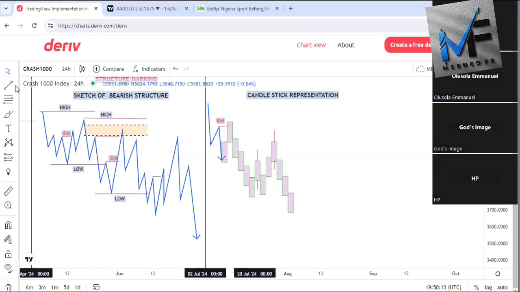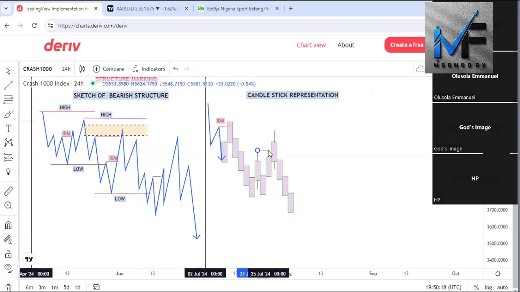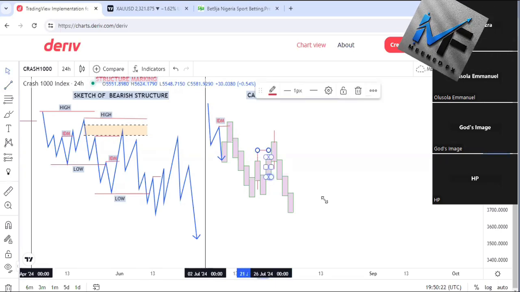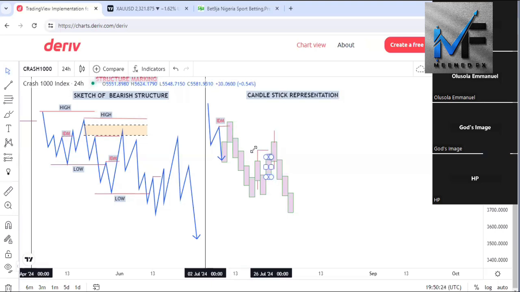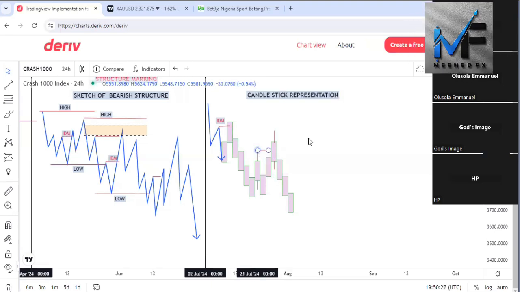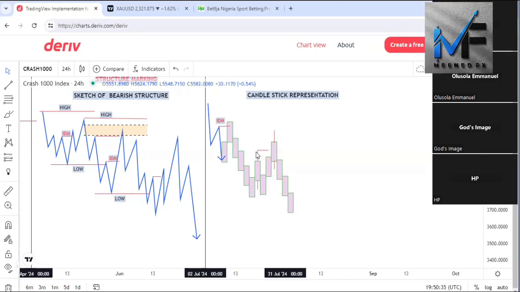Now, the question is: is this place a valid pullback? This one here. Is that place a valid pullback? Yes, sir, because the low and the high have been taken. Are you sure? This candle here.